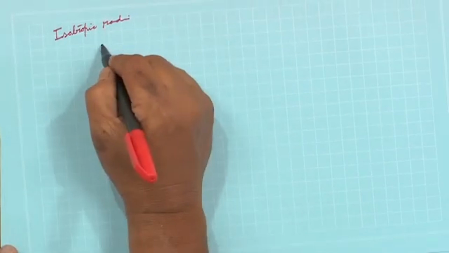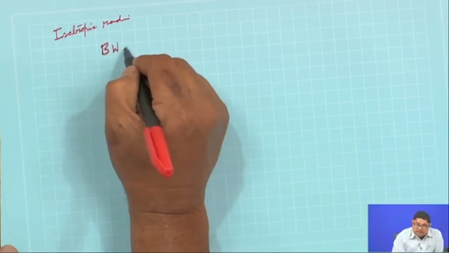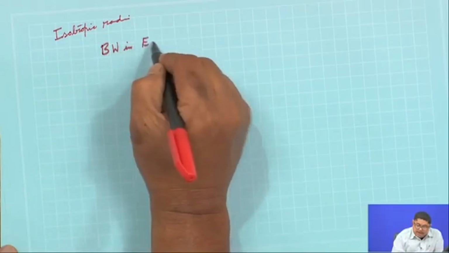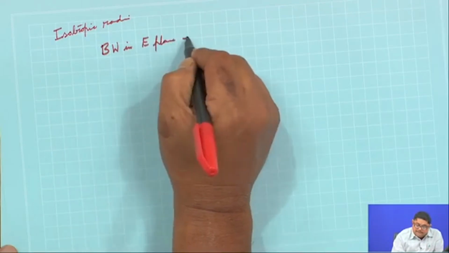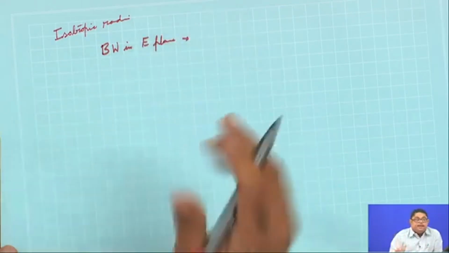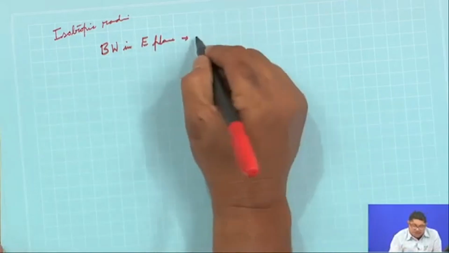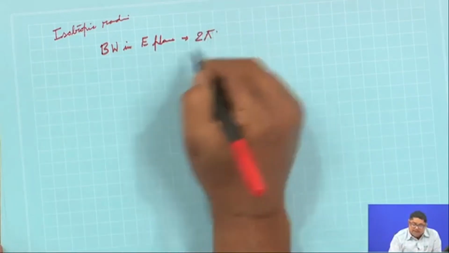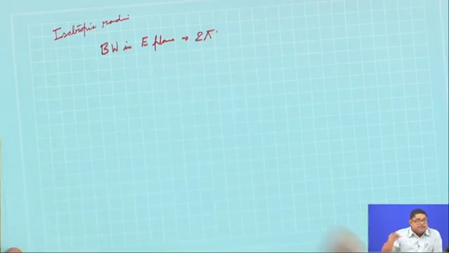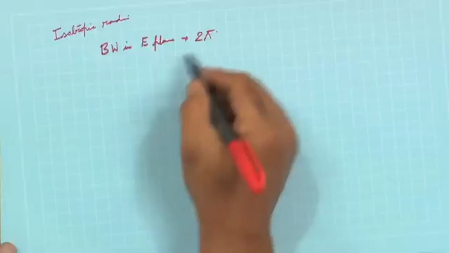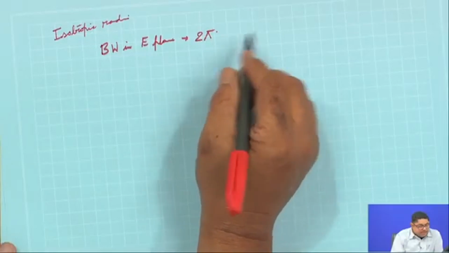In that case, since isotropic, in E plane it does not have any directionality. So, we will take beam width in E plane as 2 pi, because it will be like a circle in the E plane also.